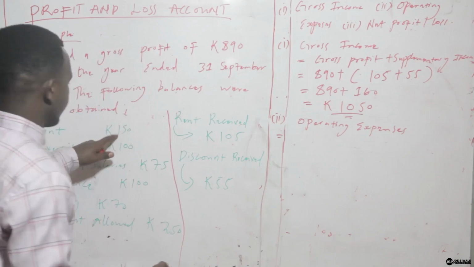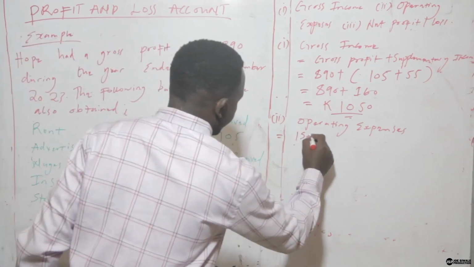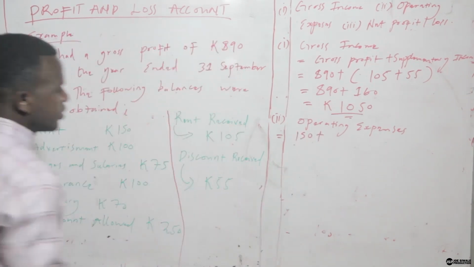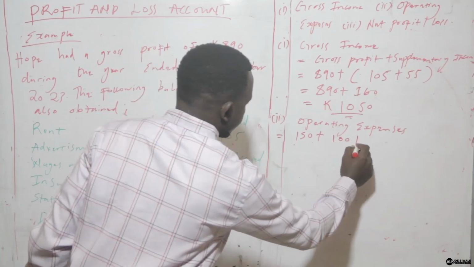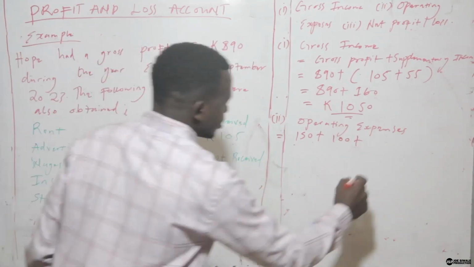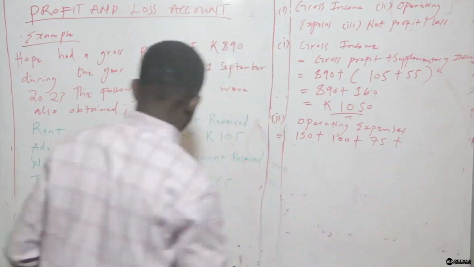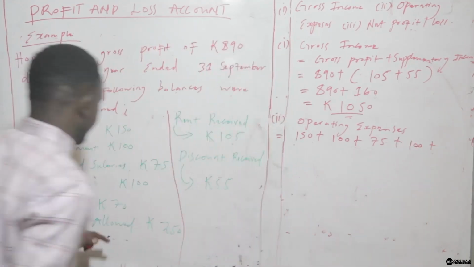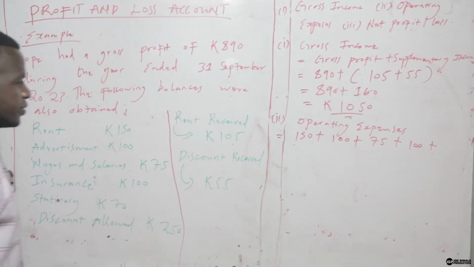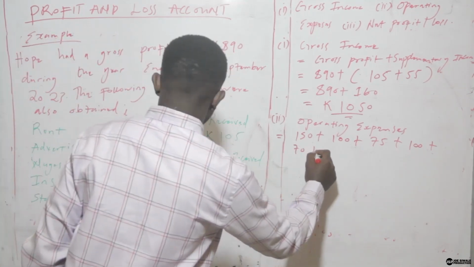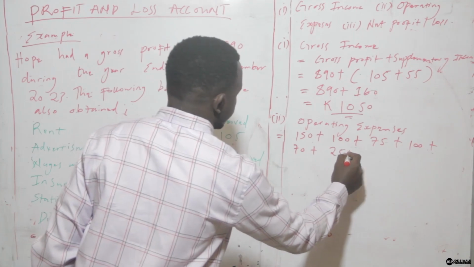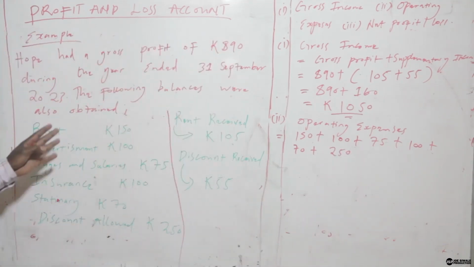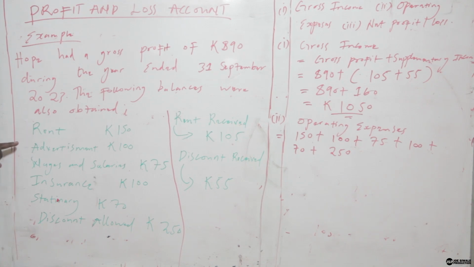So we're going to have 150 plus 100 plus 75 plus 100 plus 70 plus 250.